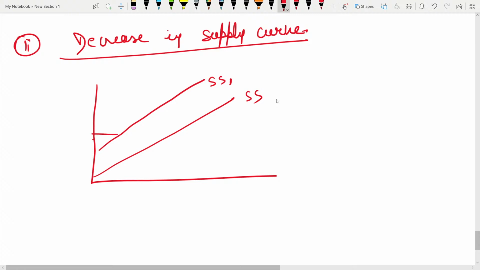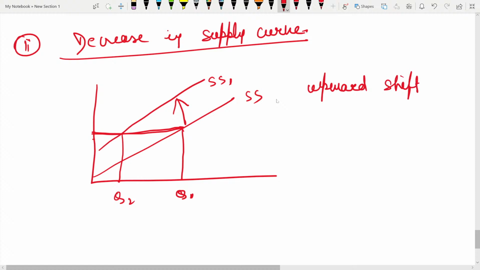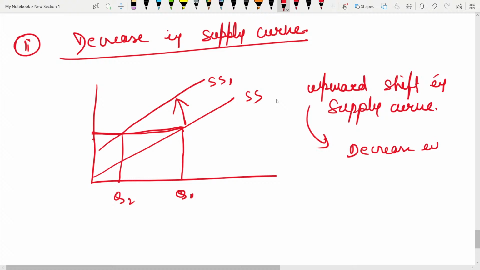Here we can see, at the existing price, Q1 and this is Q2. So this is upward shift in supply curve. Therefore this is decrease in supply curve.